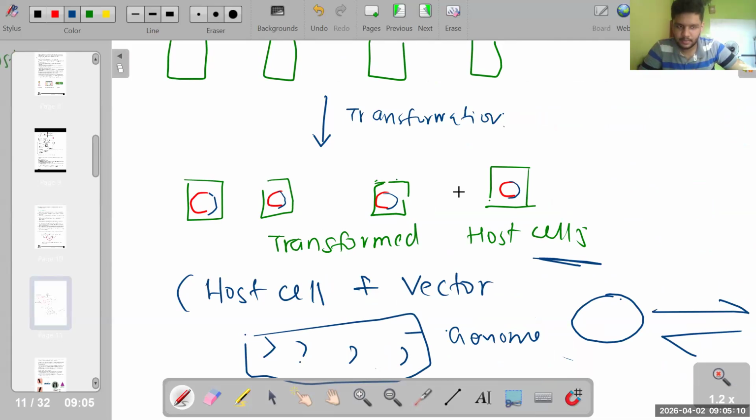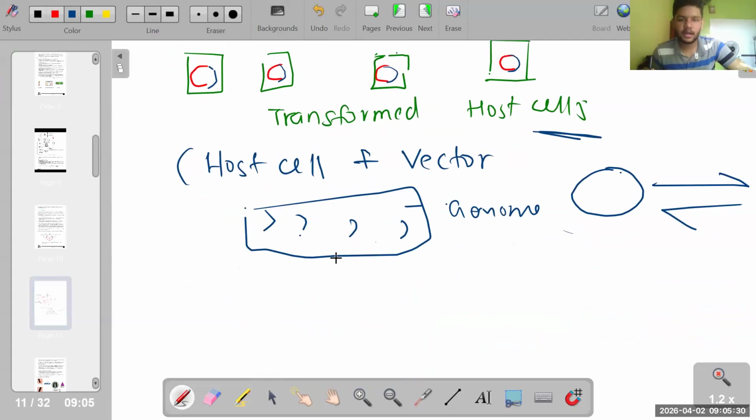Now normally we learn the word colony in our history. Sri Lanka was a colony of the Dutch. Sri Lanka was a colony of the British. So here these are colonies of transformed host cells, which means they are cells under the control of a genome.